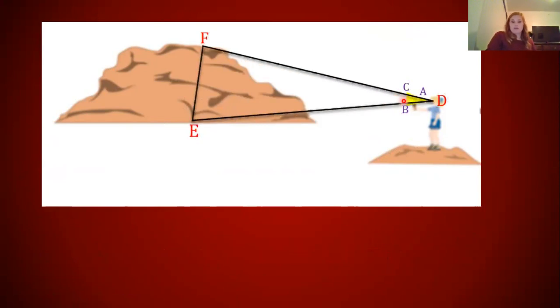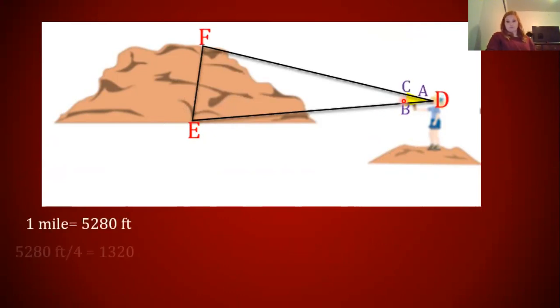So here's our triangles again. And we know that 1 mile is equal to 5,280 feet. So she is a 1/4 mile away from the cliff. So we're going to divide the 5,280 feet by 4. So that's going to give us 1,320.